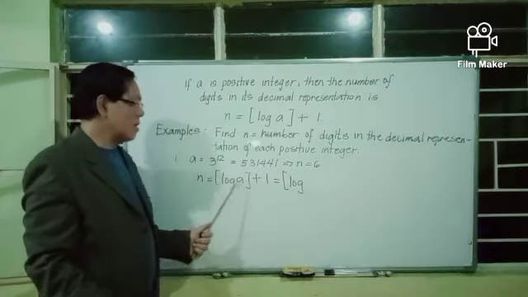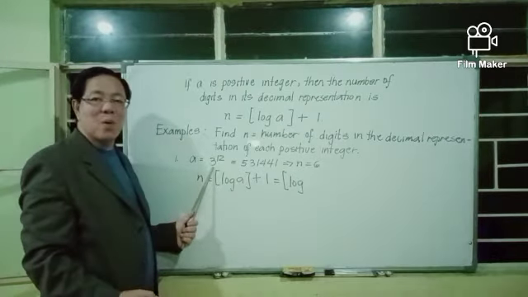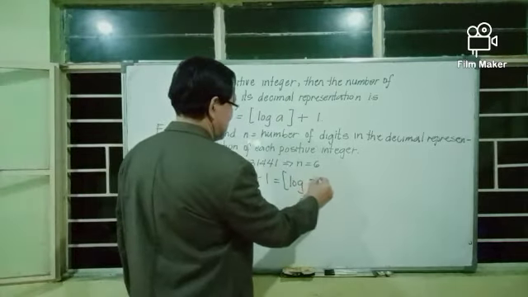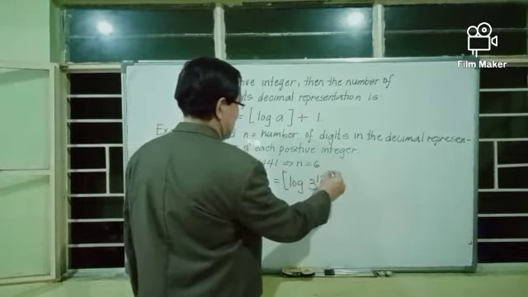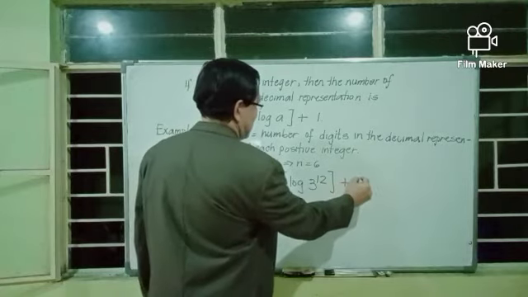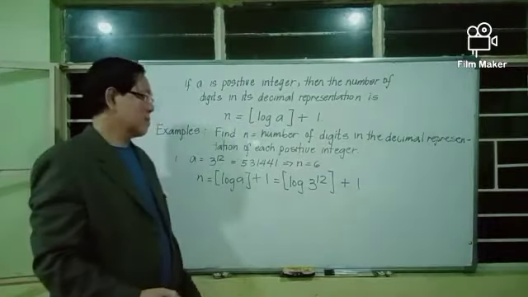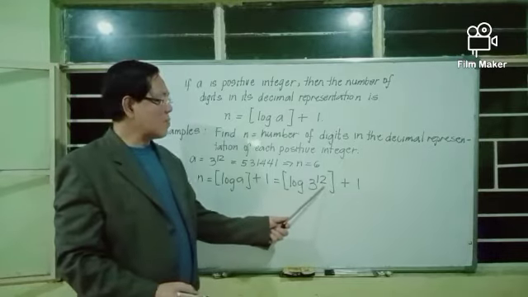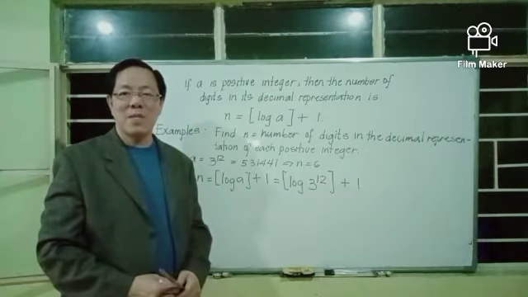And a is in exponential form, 3 to the power 12, plus 1.